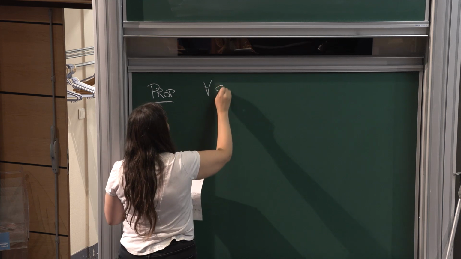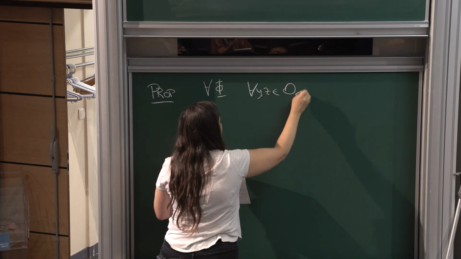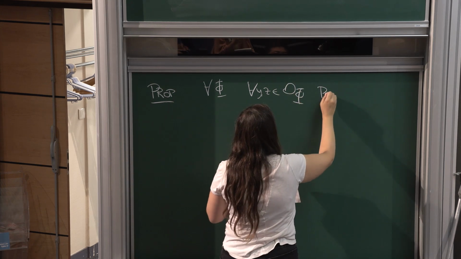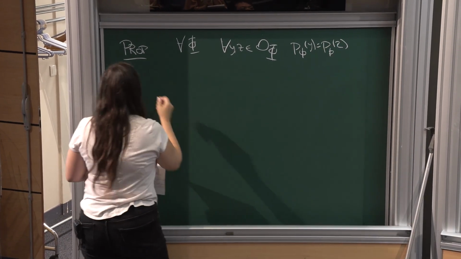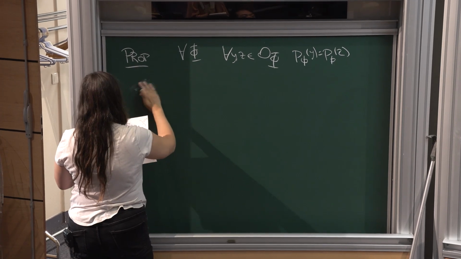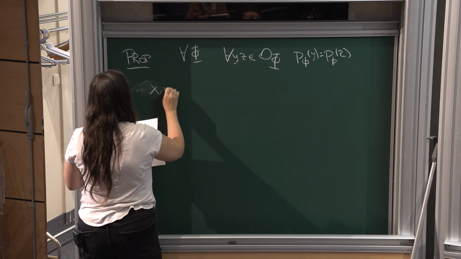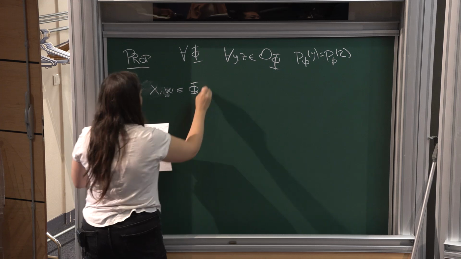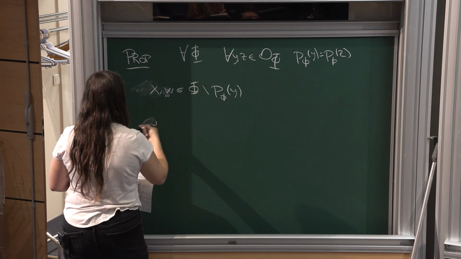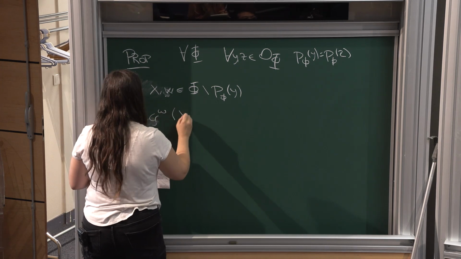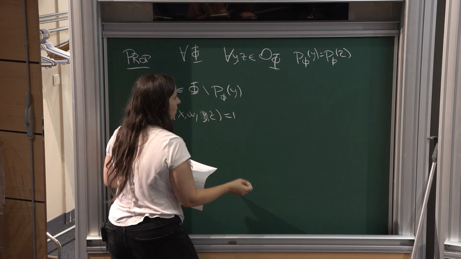The first one is that for any photon phi and for any y, z in the open set such that p phi of y is equal to p phi of z, and for any x and w in phi minus p phi of y, the cross ratio of x, w, y, z is equal to 1.